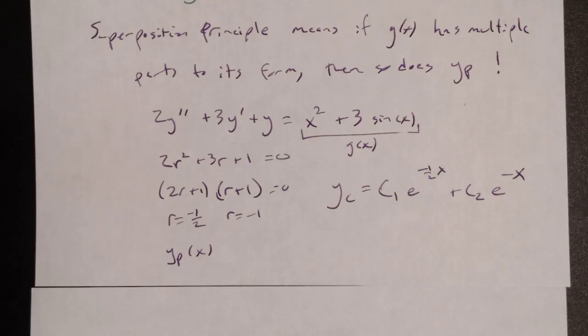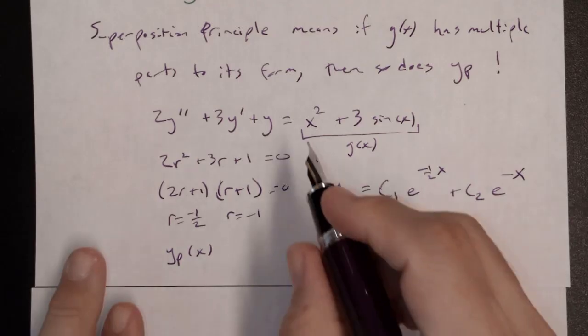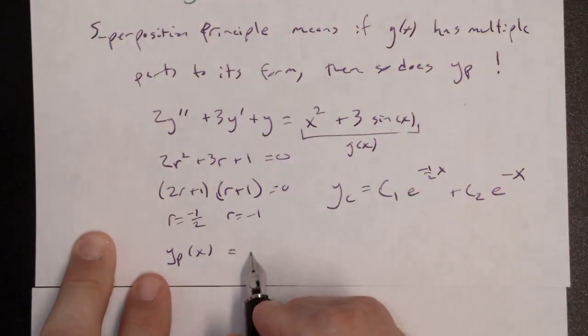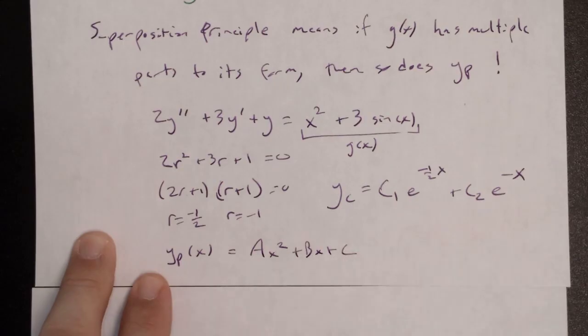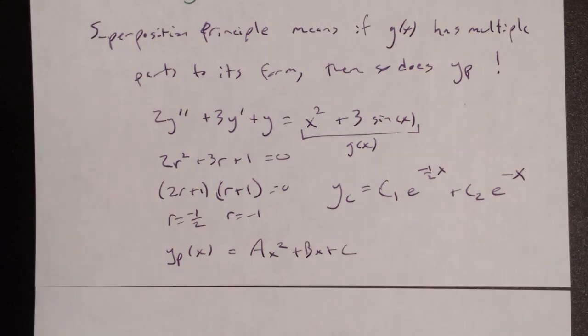But I don't know what coefficients those are going to have. So the x squared should give me a quadratic, but I don't know what those numbers are. Ax squared plus bx plus c. And then I look at the trig part. And I say to myself, great, I've got a trig function. I've got a sine x. What happens when you take the derivative of sine?